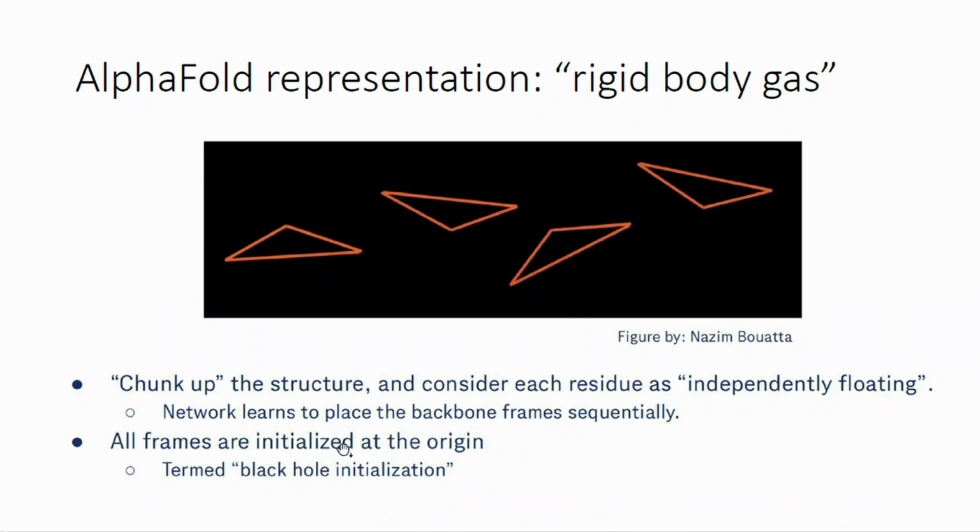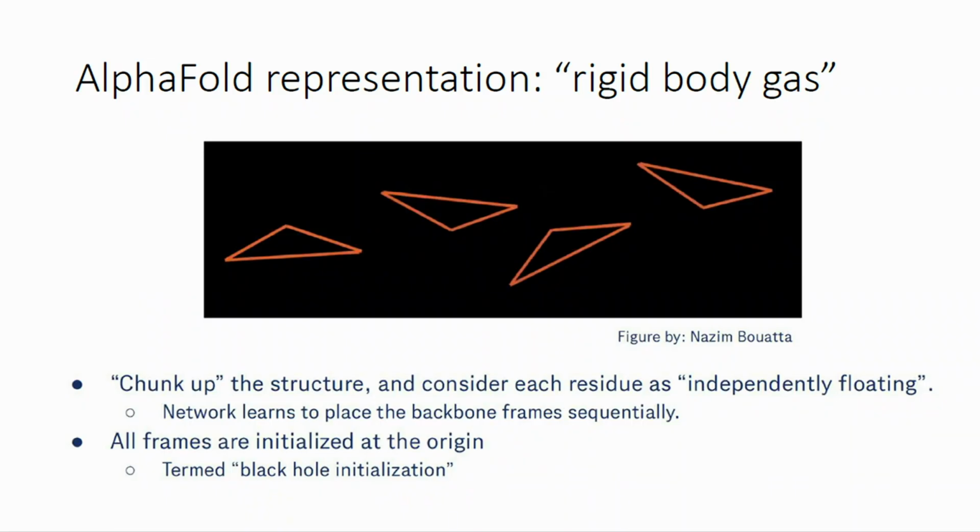And this initial guess, where you put everything at the origin, is not needed to preserve the equivariance. So the equivariance does not come from this black hole initialization, but it is what they found to work pretty well in the IPA.